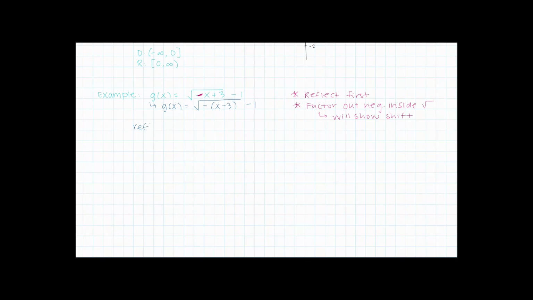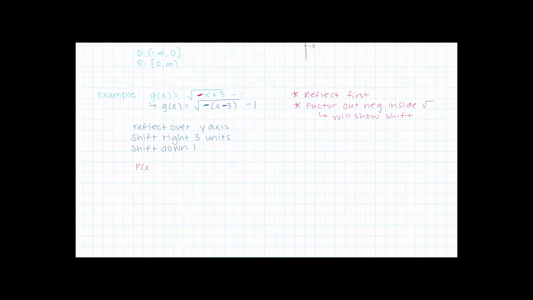We're not only going to be reflecting over the y-axis, we're actually going to be shifting this whole graph right 3 units, and then we are shifting the graph down 1. These are the order that I'm going to do them. Again, we always want to reflect first, and the shifts you can actually do together if you want. But the important thing to remember is that we had to factor out that negative.